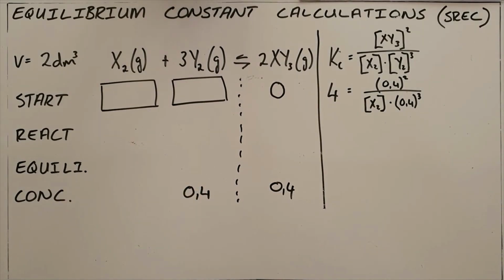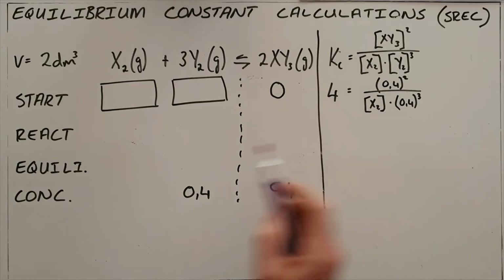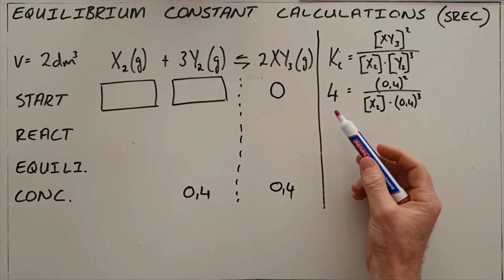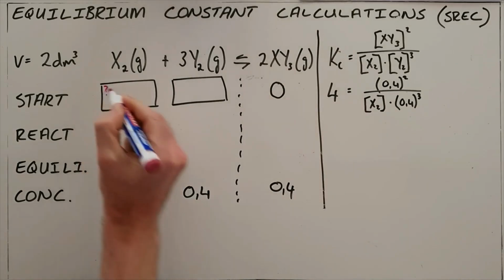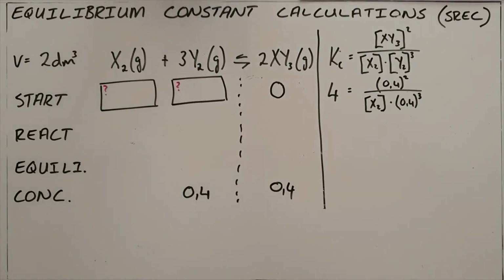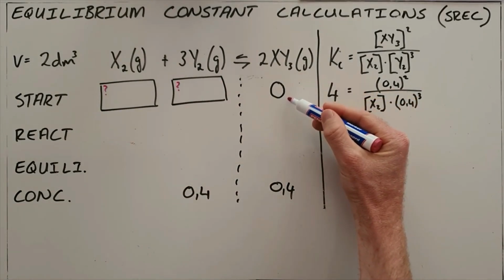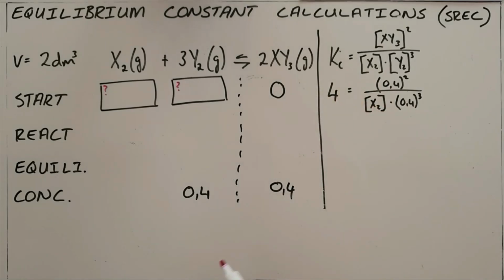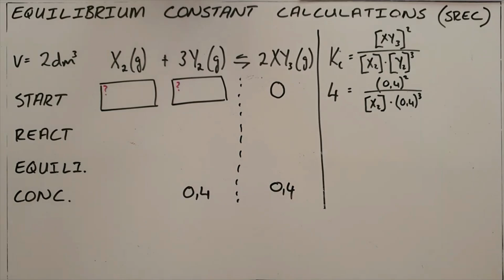So a typical example is this one that we have here, where we've been told that the equilibrium constant for this reaction at this temperature is 4, and we are told that unknown amounts of X2 and Y2 are placed in a sealed, empty container, which means that the initial quantity of XY3 is 0. And at equilibrium, it is found that the concentration of Y2 and XY3 are both 0.4. We are asked to find what these two unknown amounts that we started with are.